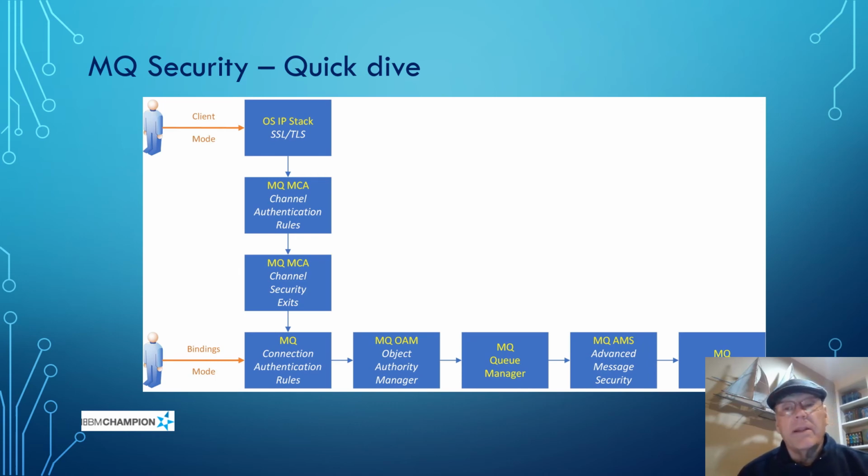It's like reading or writing your email. And that email could be encrypted. That's a component that MQ calls Advanced Message Security, which has the ability to encrypt it as it's written to disk and read back from disk. SSL TLS only encrypts as it comes across the wire. So the combination of AMS and TLS would encrypt it over the wire and encrypt it as it's written to disk.